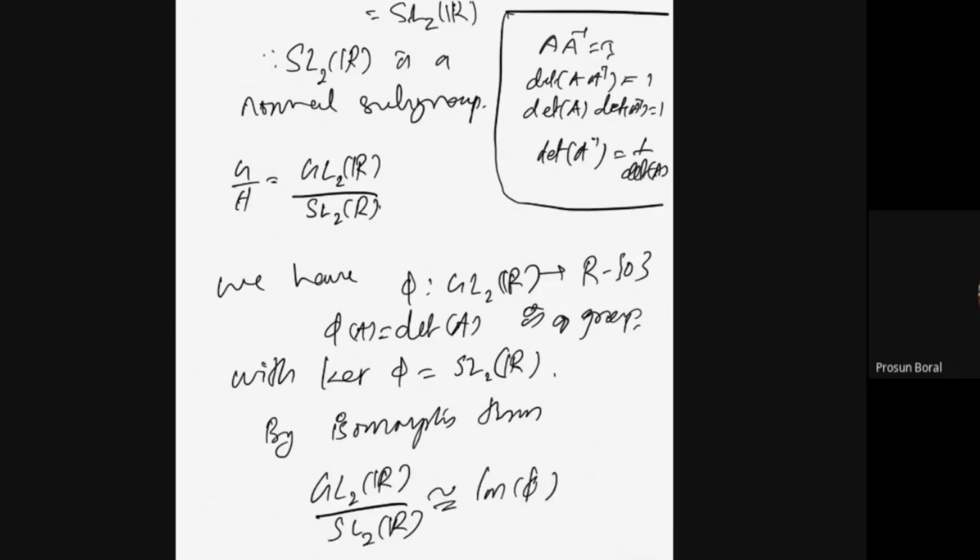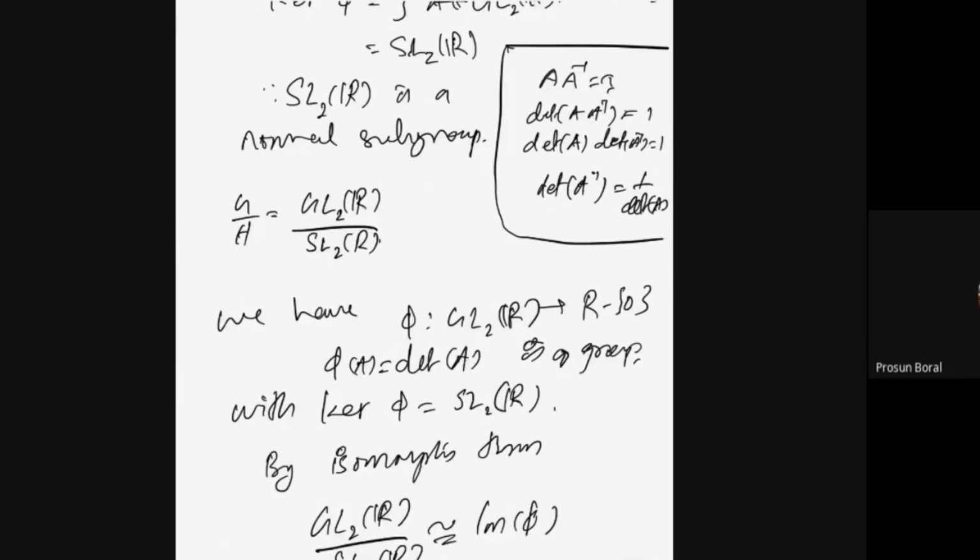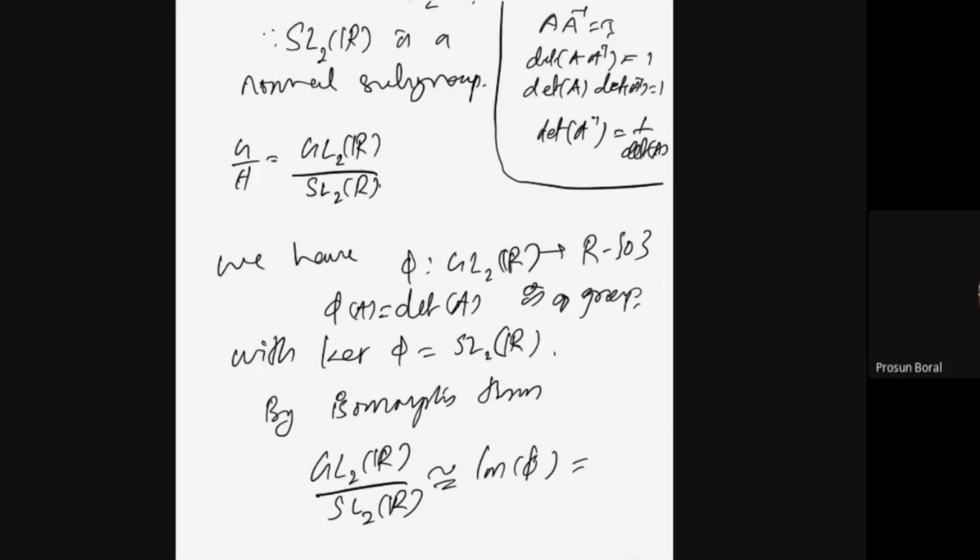And what will be the image of phi? The image of phi will be R minus 0, since phi is onto.